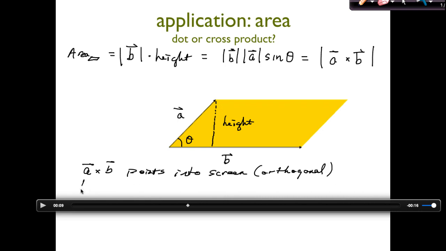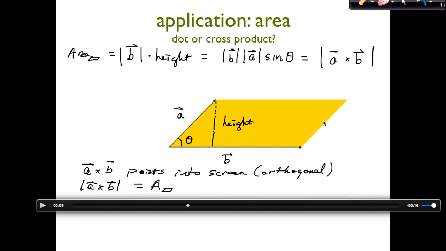And the magnitude of A cross B turns out to be the area of the unique parallelogram that's formed by those two vectors when you put them tail to tail. This is going to be a really important concept at the end of the course.